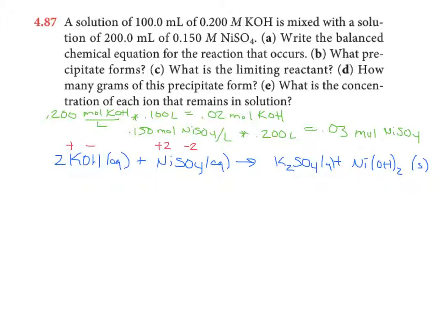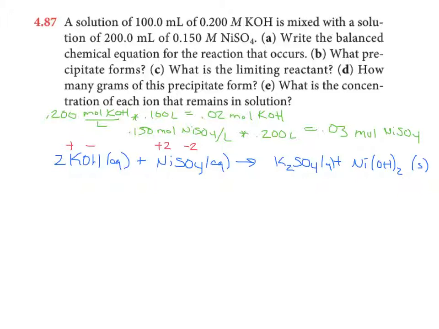So if I'm going through it twice as fast, and I start with less of it, that is definitely my limiting reactant. Okay? The other way you can think about it is you can divide the moles by the coefficient, so 0.02 by 2 and 0.03 by 1, and you can see that you're going to have a smaller number for the KOH, and that again confirms that it's your limiting reactant. So now that you have that piece of information, you should be able to move forward.